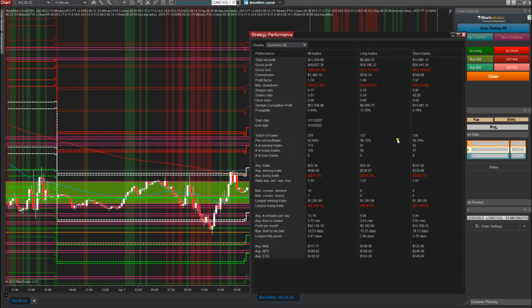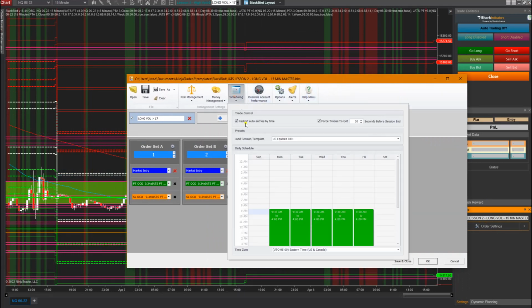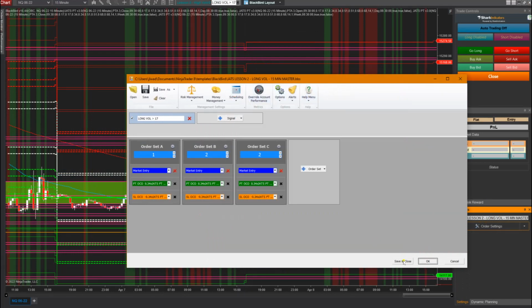Good percent profitability and good profit factor, but we've limited the total net profit because it's discounting the Globex. So the best profit for this logic would be to be running it with Globex also. So that's why I have it not restricted by time.